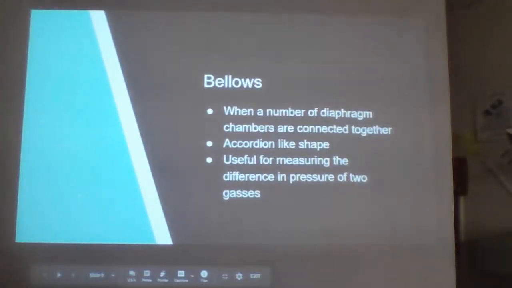Okay, so bellows. Bellows are when a number of diaphragm chambers are connected together. It makes an accordion-like shape, and it's useful for measuring the difference in the pressure of two gases.